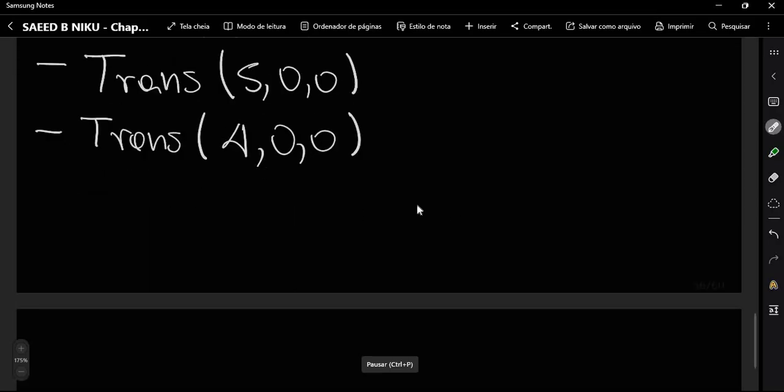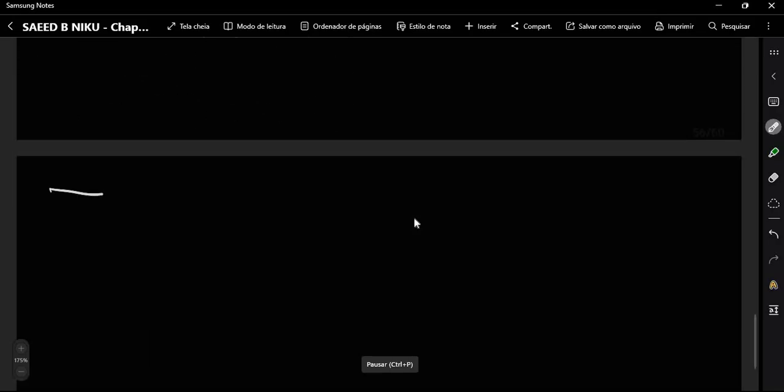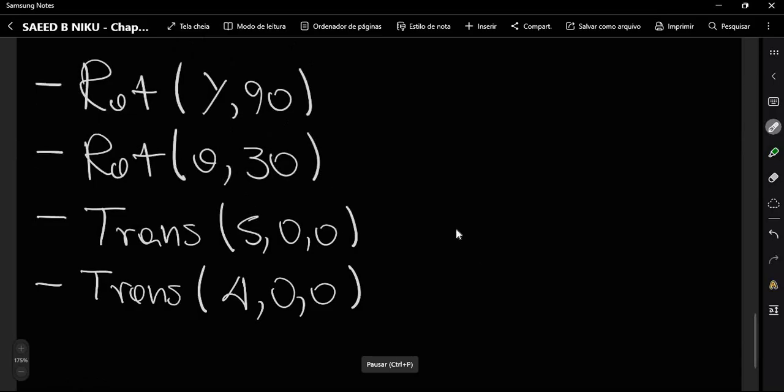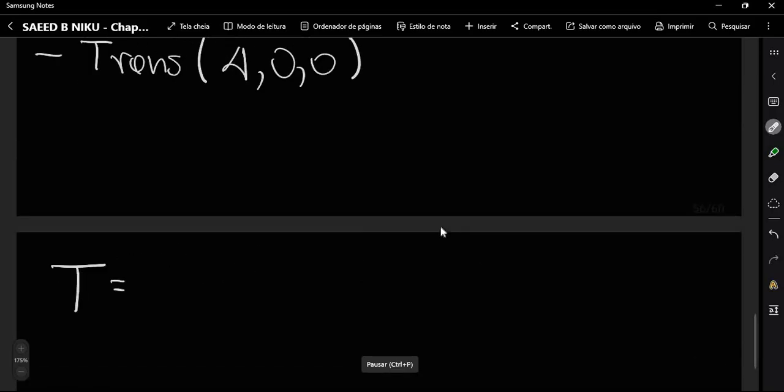So the total transformation is equal to these transformations written in the right order to represent these transformations in relation to the current referential.